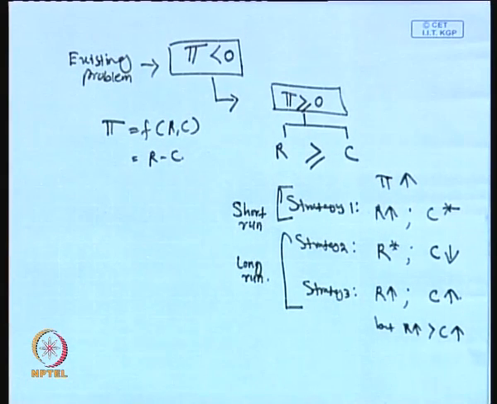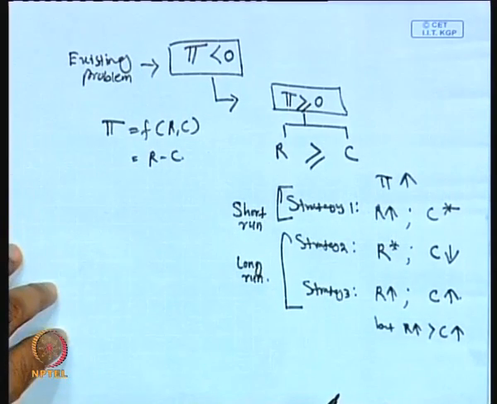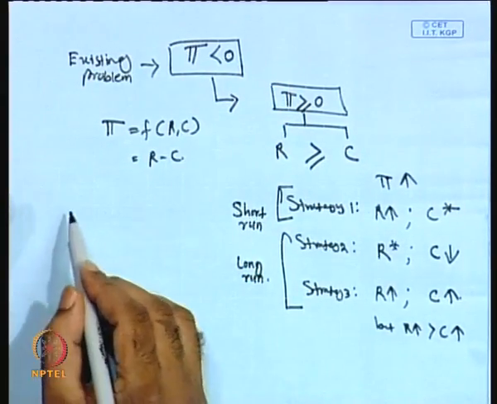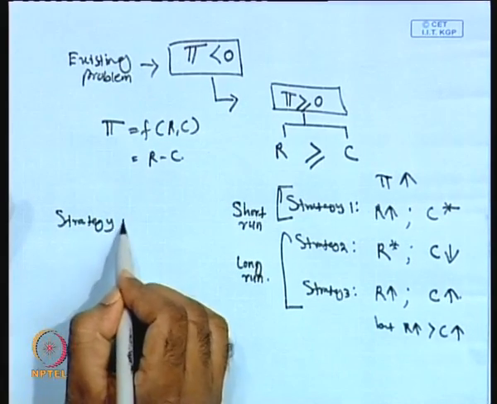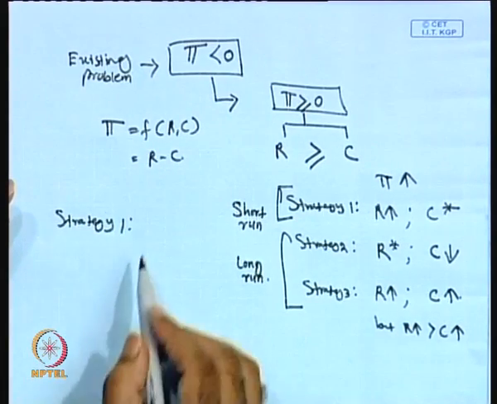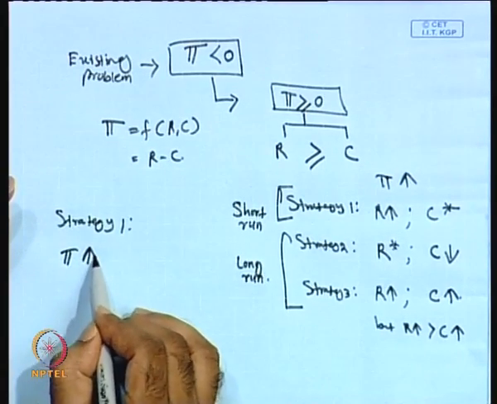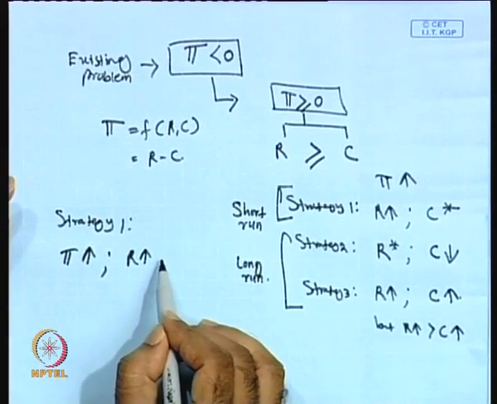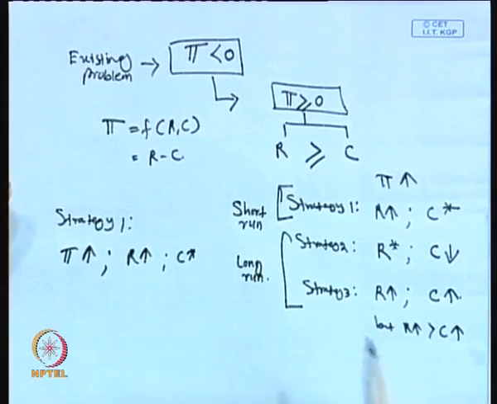In the meantime, for this particular problem we have to take one strategy. Let us start with strategy 1. What is strategy 1? Profit has to be increased provided R has to be increased and C has to be constant.